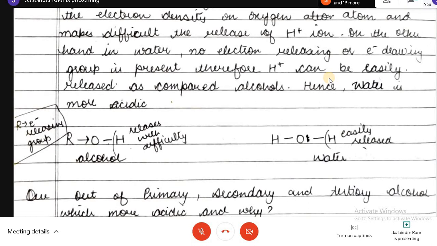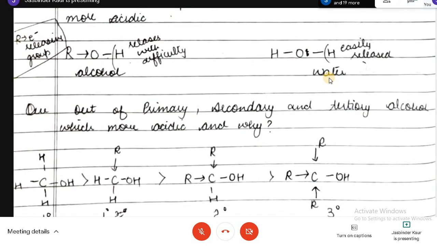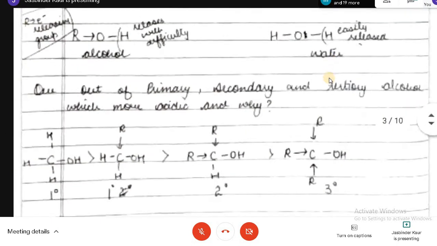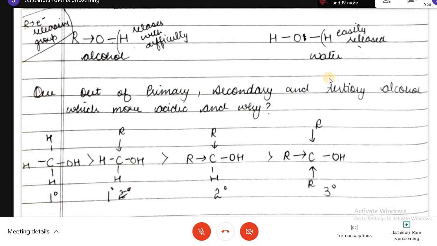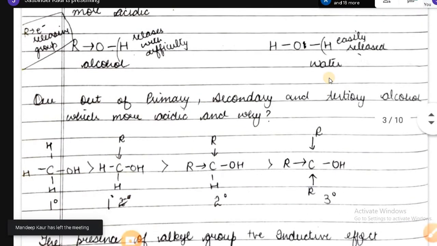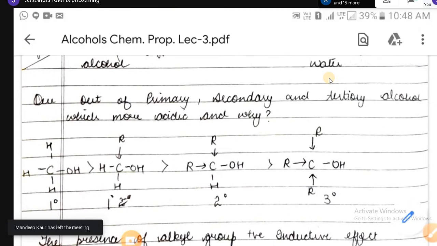And similarly, if we compare primary, secondary and tertiary alcohols, which will be more acidic? Primary will be more acidic, then secondary, then tertiary. And methyl alcohol will be the most acidic, because in primary there is only one alkyl group present, in secondary two alkyl groups are present, and in tertiary three alkyl groups are present.